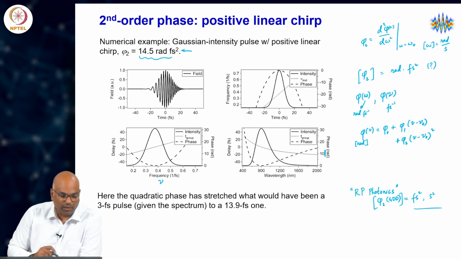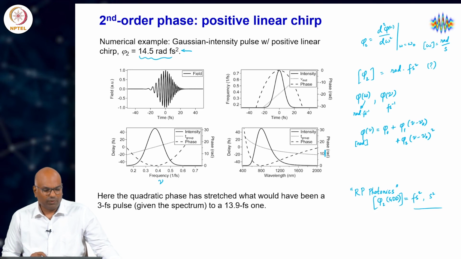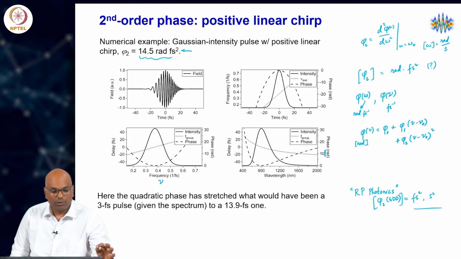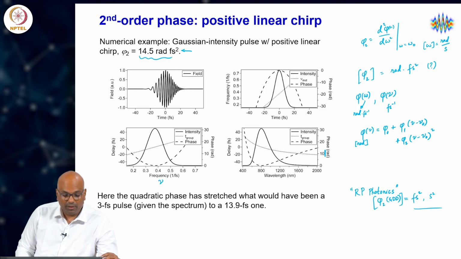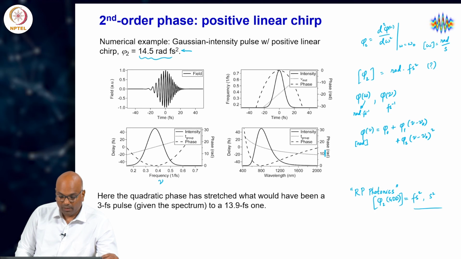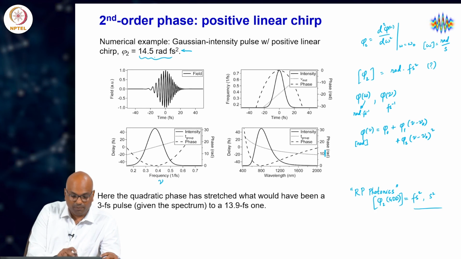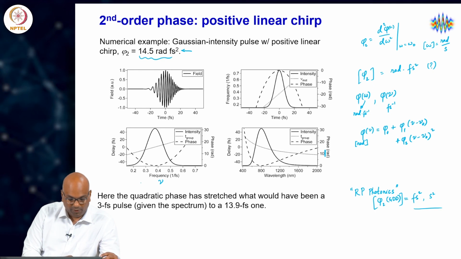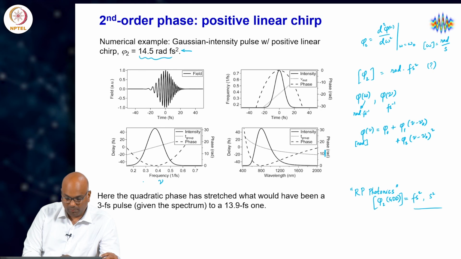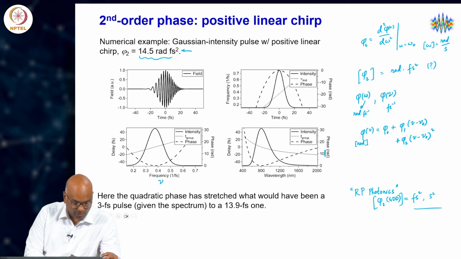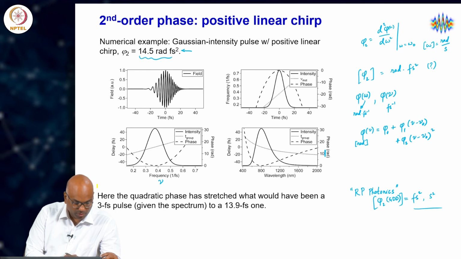So, that is the second order phase and linear chirp, where in this case we have chosen phi 2 to be positive 14.5 radians femtosecond square. As a consequence, we of course have a parabolic opening for these in the frequency and in the time domain.